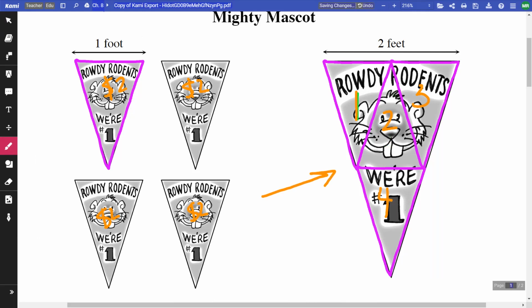A lot of students in class said that it was going to be $4 because it was 2 for 1 and the new one's going to be twice as big. So they doubled that cost and got 4. But it's not going to be $4. It is $2 times 4. And so it's going to cost $8.